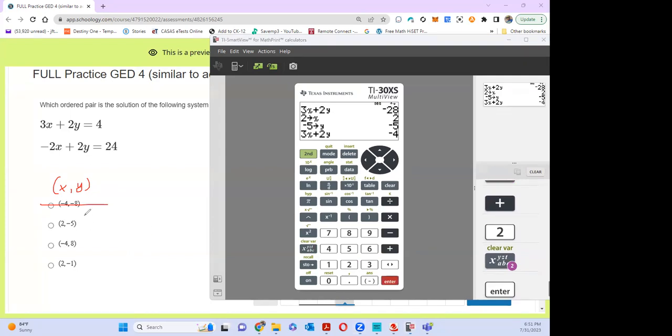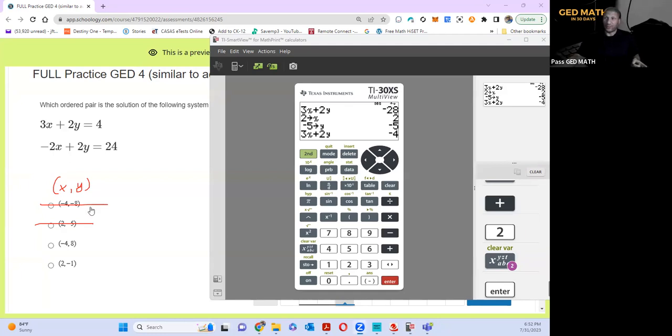No, you got -4. That's the biggest mistake people make. 4 and -4 aren't the same thing. We didn't get 4, so we move on to the next one.